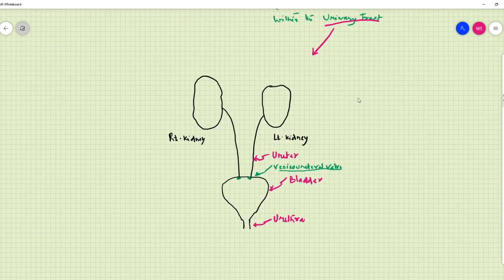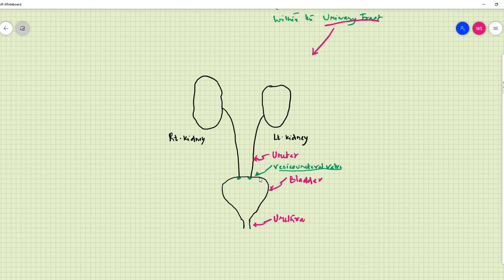So this is the urinary tract. The kidney and all these tubes bringing out the urine from the kidney form the urinary system, and the urinary tract itself is the tubes and the bladder that form part of the urinary system. Right, so the urinary tract is divided, for the sake of study, into two parts, which we're going to draw here.